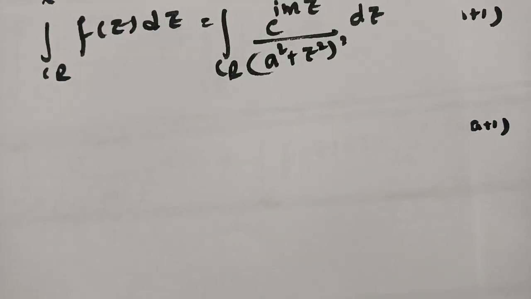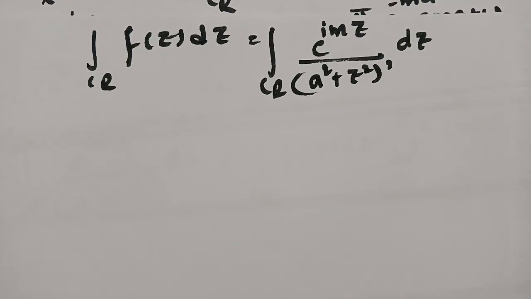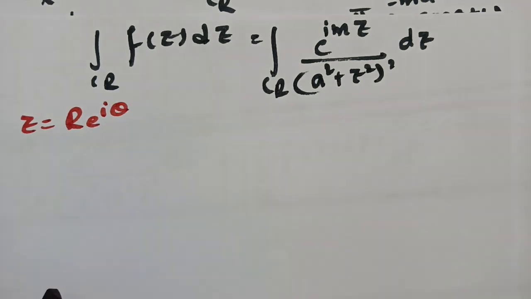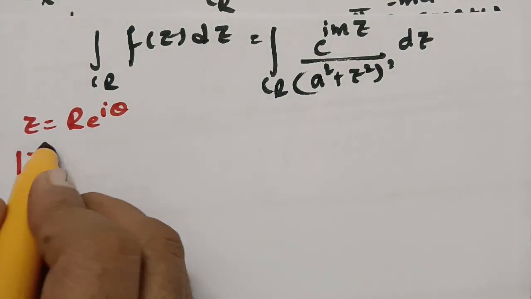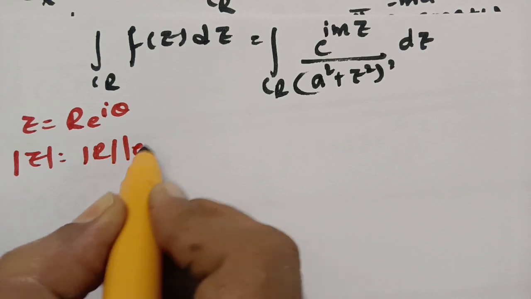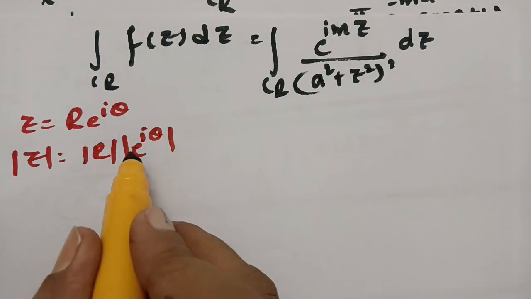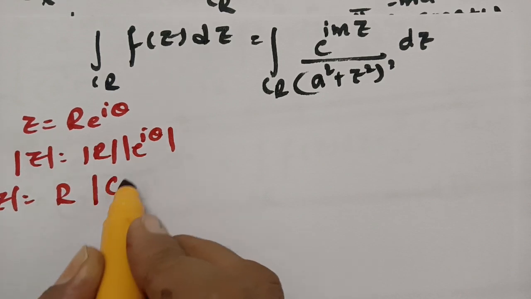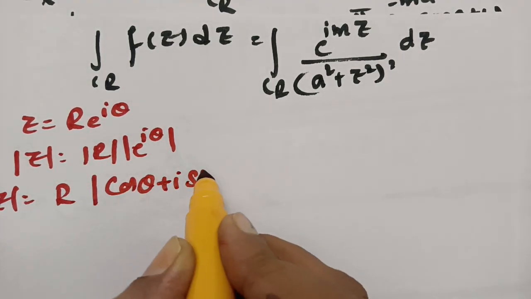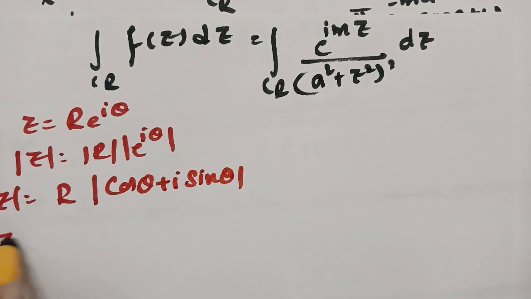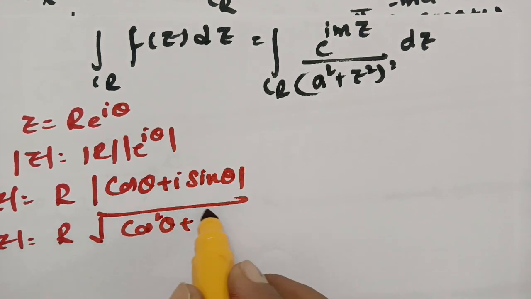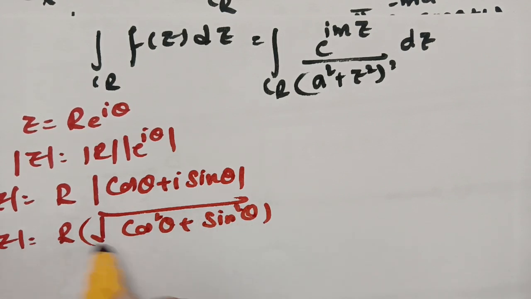Here is a technique: we take z equal to r into e power i theta, and therefore if I take the modulus, this will be mod r into mod e power i theta, as it is very clear that mod z is equal to r. This is cos theta plus i sin theta, and clearly mod z is equal to r times root over cos square theta plus sin square theta, which is equal to 1. So mod z is equal to r.